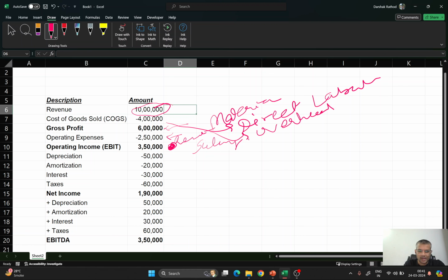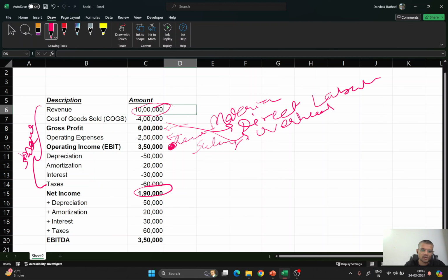But net income, in the income statement, you might have seen, up to here it is an income statement. So here, if you see, these expenses like depreciation, amortization, interest, and taxes are deducted, then we will get this net income.